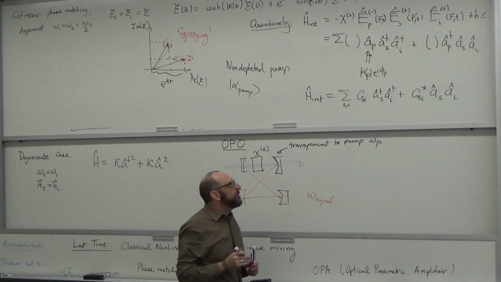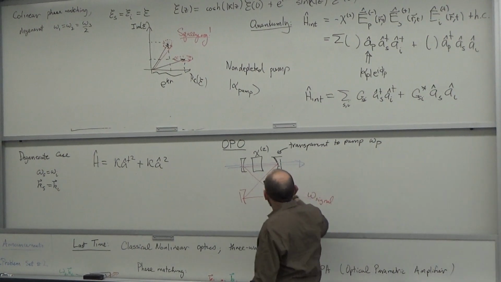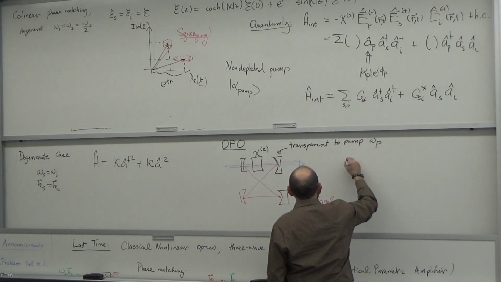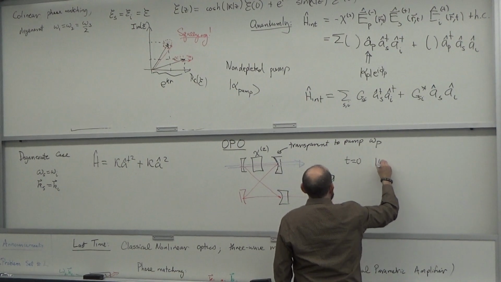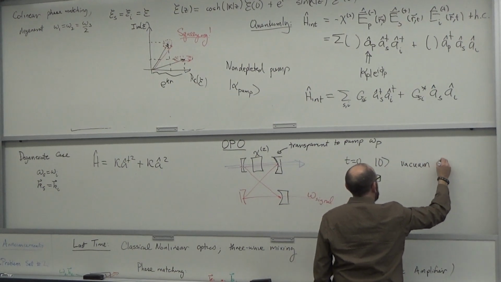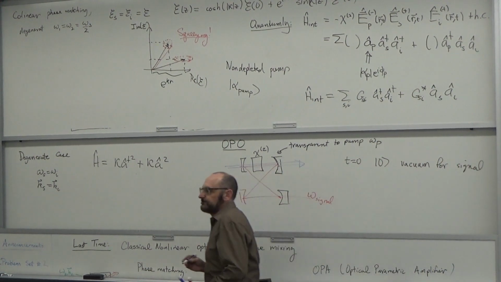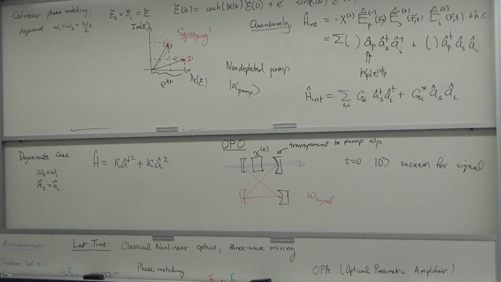Then what will happen in this case is I start with the vacuum at time t equals 0. I have the vacuum for the signal. And then the system evolves as a function of time according to this Hamiltonian.